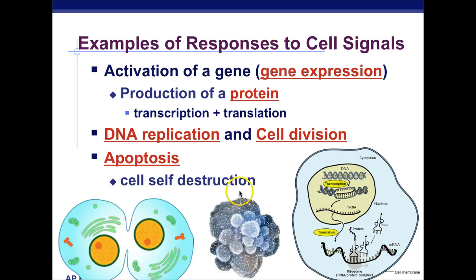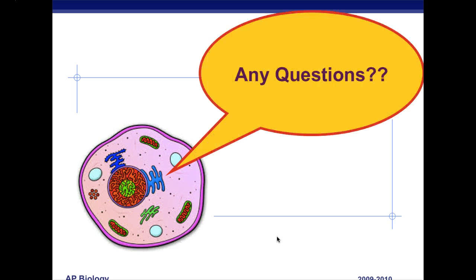So for example, if something goes wrong with our cell, the cell becomes cancerous, the cell is not functioning properly, other cells neighboring it can actually send signals to our defective cell to cause it to do apoptosis, to self-destruct.